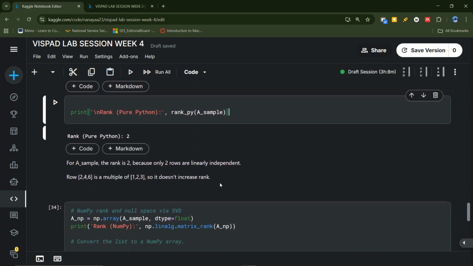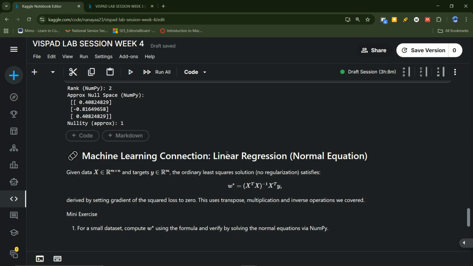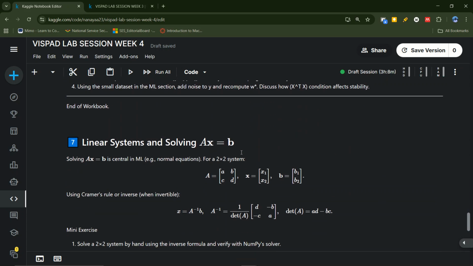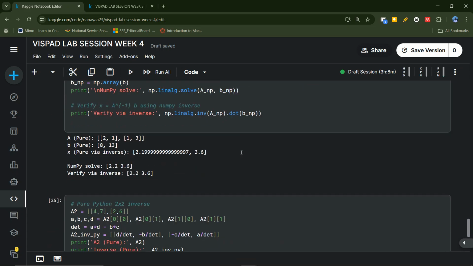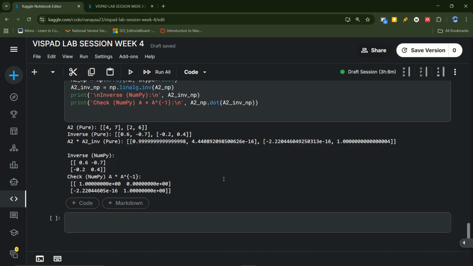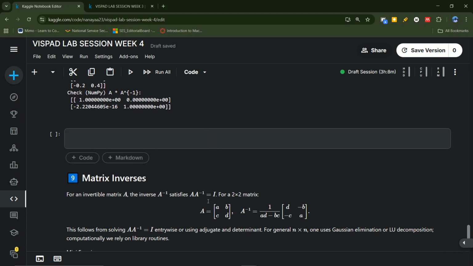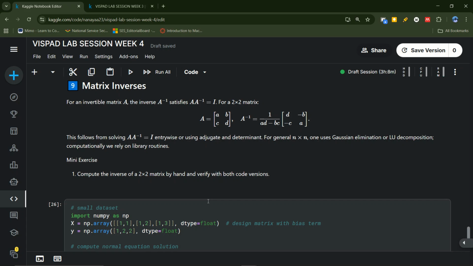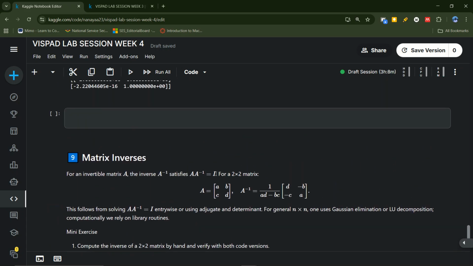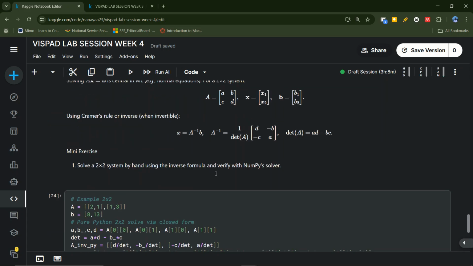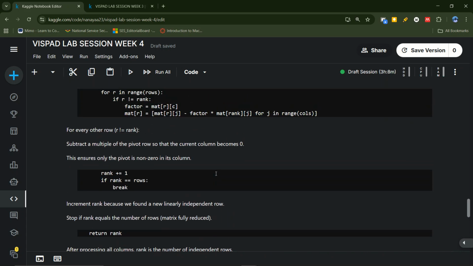Okay, and that will be all for this week. We didn't go through all of these during the lecture, so I will not bore you with them. Tomorrow we'll take you through matrix inverses. Other than that, that will be all for today.